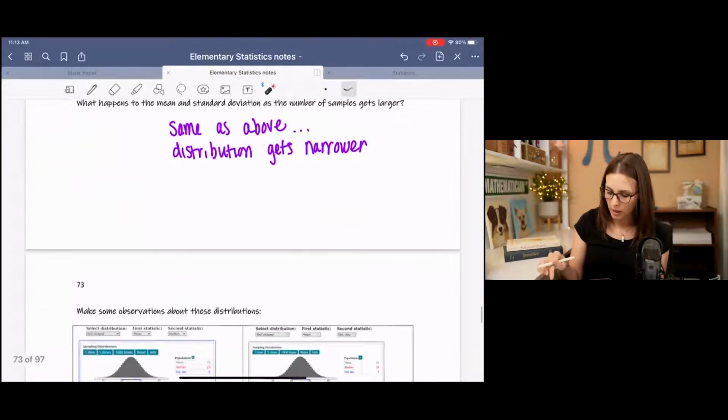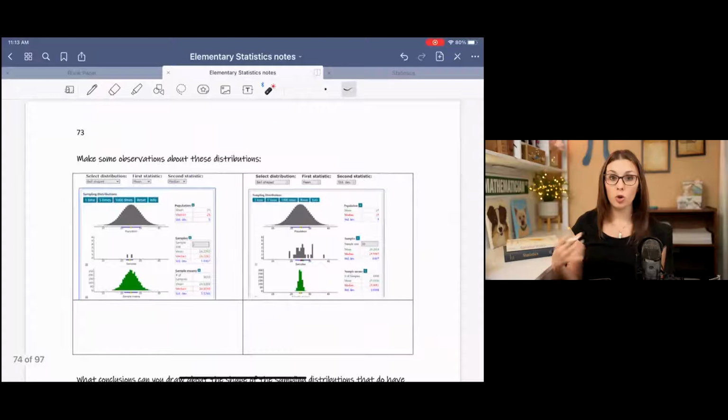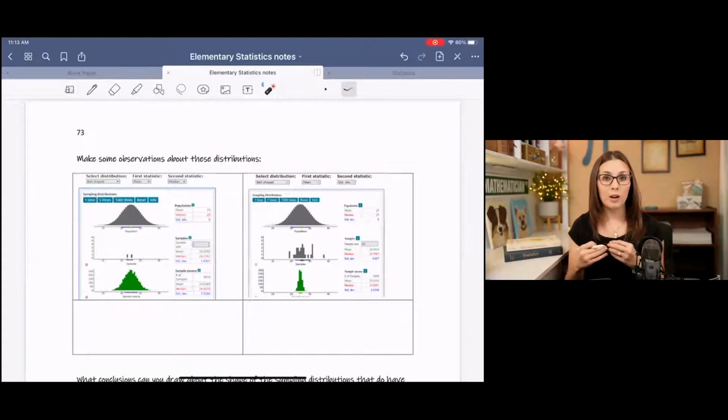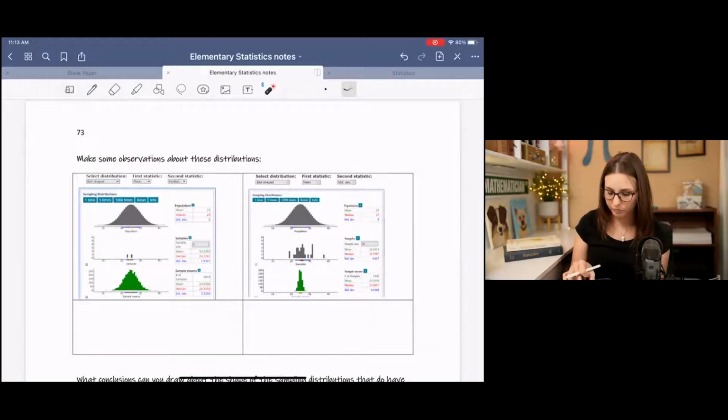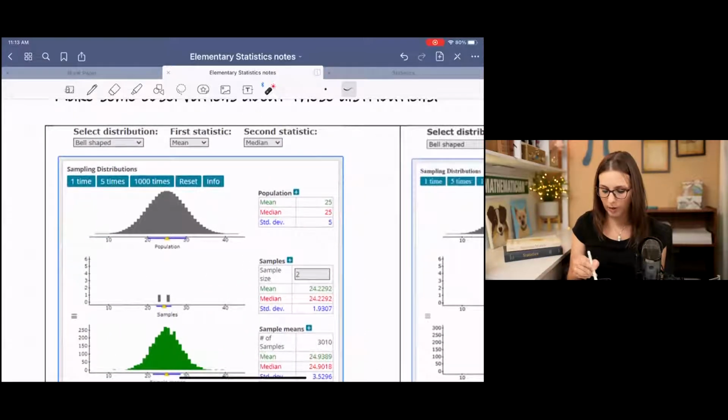So now let's look at a distribution that starts normal, and let's see how changing those numbers affects the sampling distribution. In this first example, we have a bell-shaped distribution, which is a normal distribution, exactly normal. Look at how perfect, how clean that is. And then I took samples of size 2, which is small.